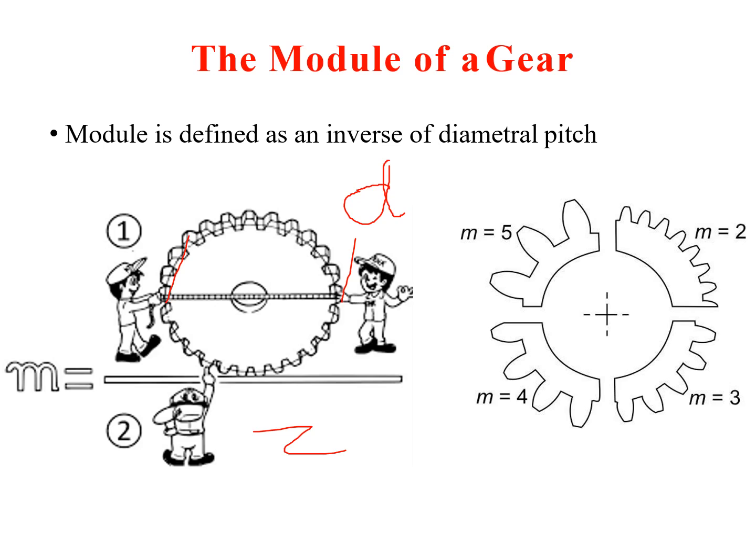Now for the same diameter, you can see as the module increases, the number of teeth will go on decreasing. So there is an inverse relation between module and number of teeth for a constant diameter. If your module is 2, you can see there are several teeth, and if your module is 5, only 3 teeth you can see for the same diameter. So module and diameter have a direct relation, whereas module and number of teeth have an inverse relation.